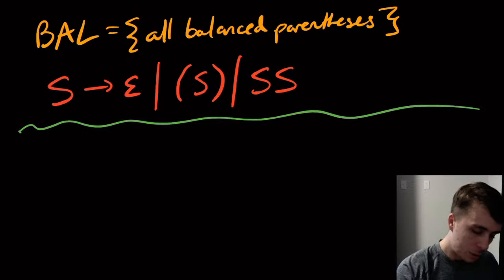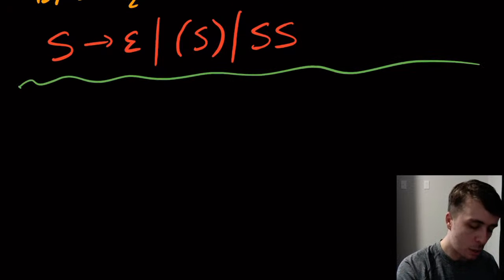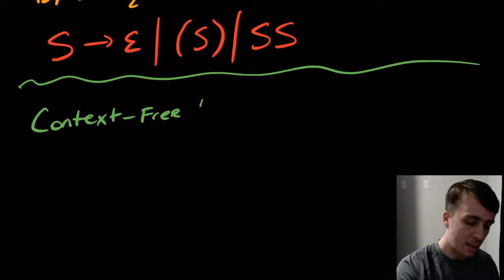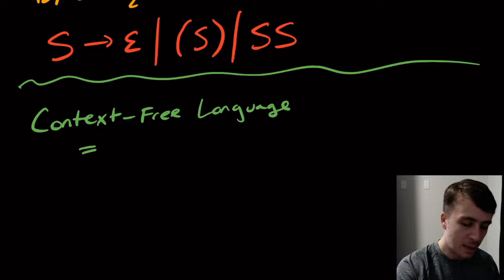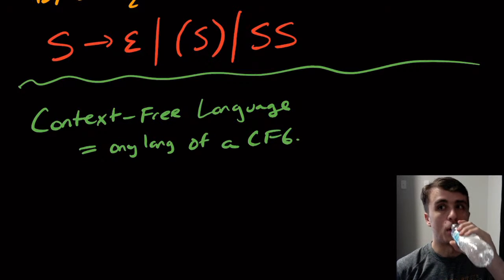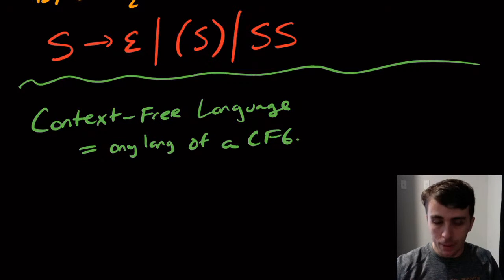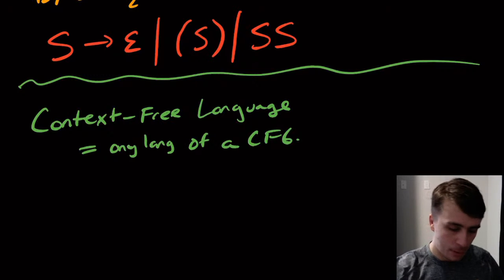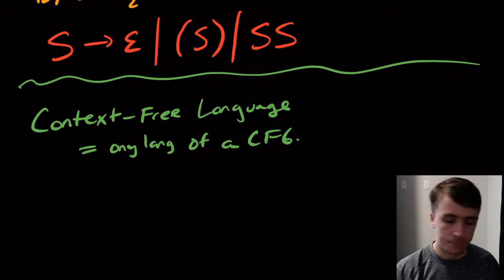All right, so what are we going to call a context-free language? That's going to be any language of a context-free grammar, as you might expect. So DFA corresponds to regular language. Context-free language corresponds to a context-free grammar. Okay.